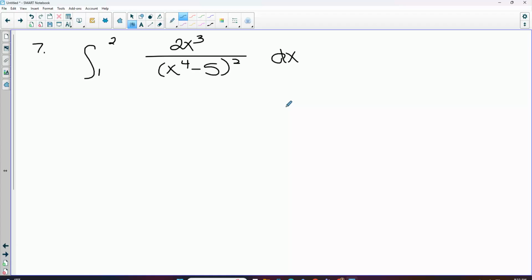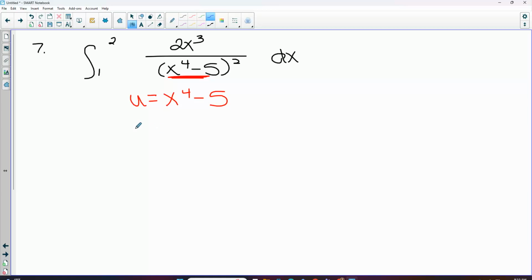So that's what tells me I need to do a u. U is the inside. That may be a little bit harder to pick out here. But I like to think about if I'm going to plug in a number for x, where am I going to start? And if I were putting in x, I would start inside my parentheses. So that's going to be my u. Another trick is look, if you're just dealing with x's, look for the higher exponent. That's probably where you need to start.